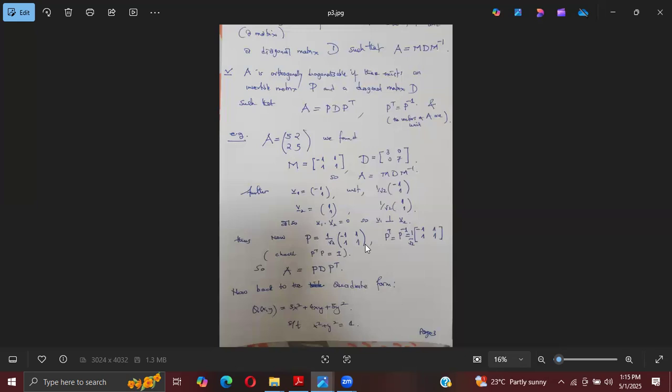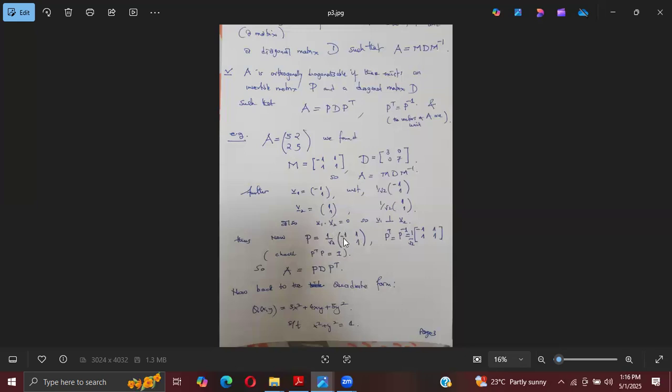Now, let me say why I was taking you here. You remember you asked about M inverse. Here we are good, because for orthogonal diagonalizability, once you find P, then you have found P transpose. P is this matrix, 1 over root 2 times minus 1, 1, 1, 1. What's the transpose of this matrix?